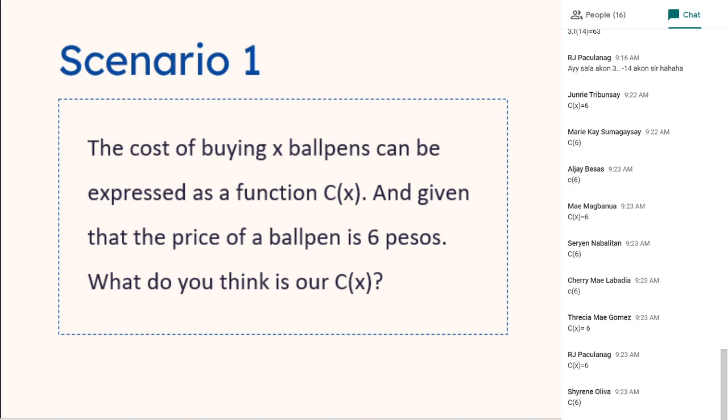So 3 ball pens cost 18 pesos and 5 ball pens cost 30 pesos. Hindi na natin pag-i-plus, lain ang 18 pesos, lain ang 30 pesos. Ang sa letter A 3 ball pens, ang sa letter B 5 ball pens. Hindi ta pagtingbon or pag-i-plus.